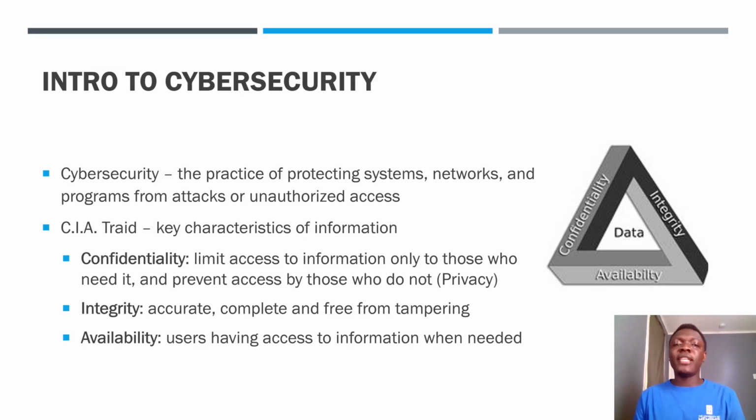The first is confidentiality, which means that information should only be available to the users who need it, and it should be prevented from people who do not need it. Next is integrity, which means information should be accurate, it should be complete, and it should be free from tampering. And finally is availability, which means that information should be able to be accessed whenever needed by users.